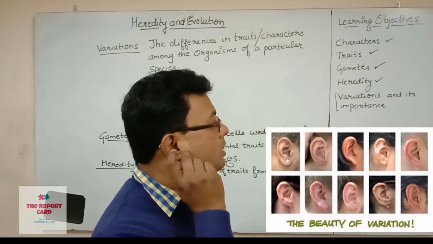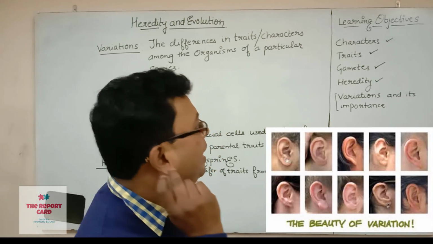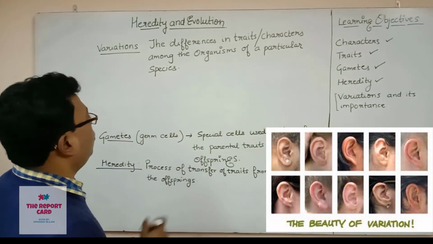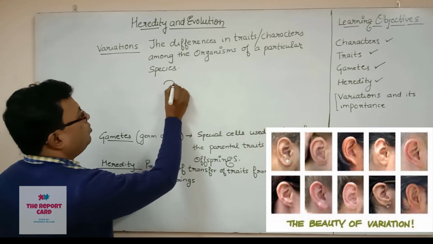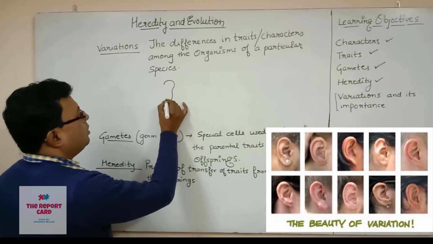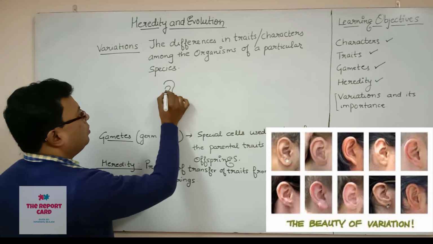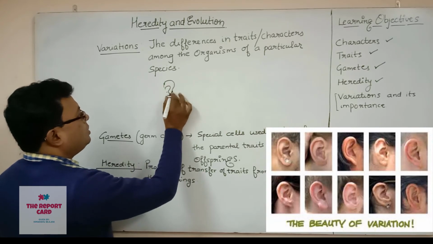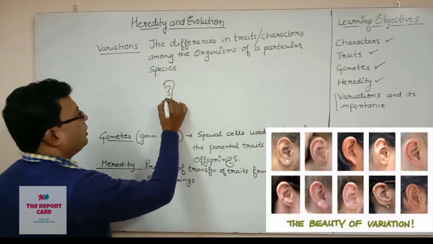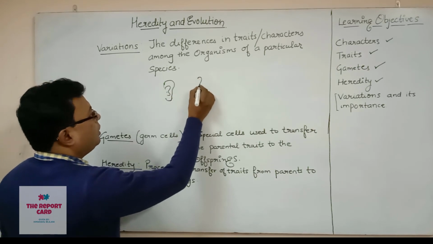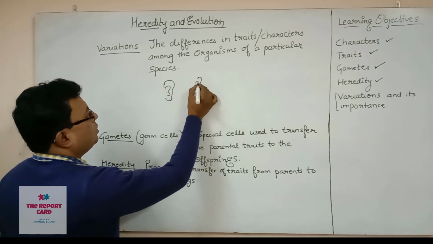If you look at the ear lobe, some people have a free ear lobe. The ear lobe is somewhat like this, a free earlobe which is hanging, and some have an earlobe that is attached.